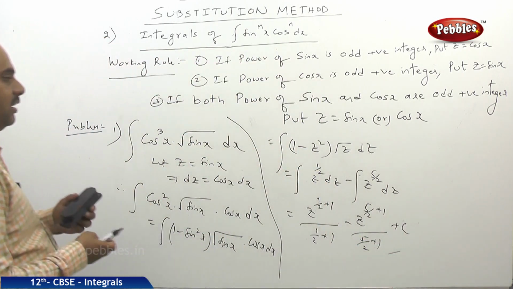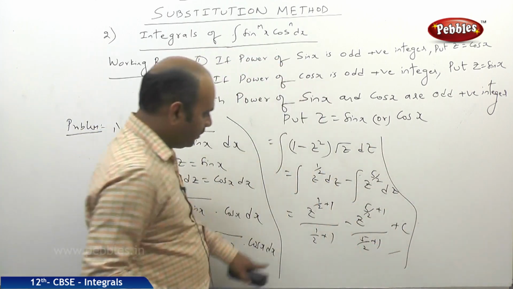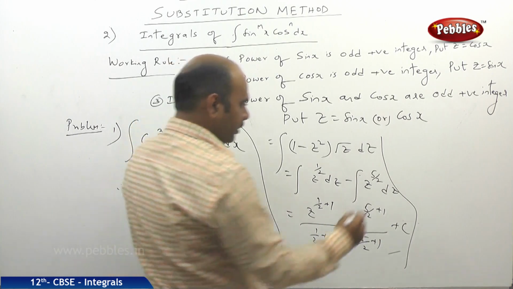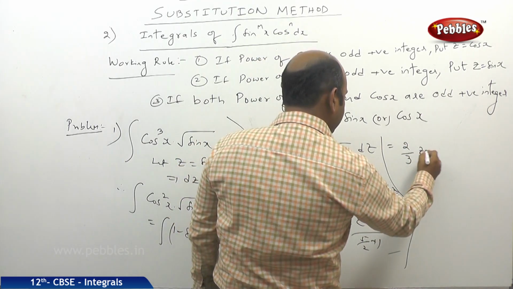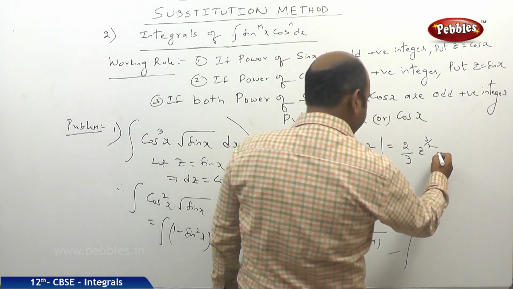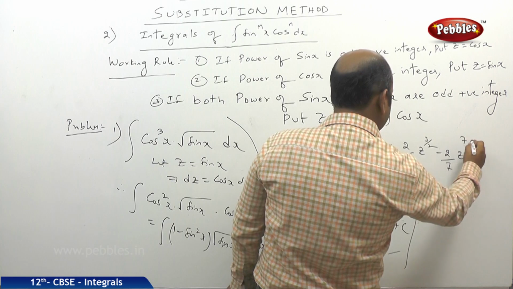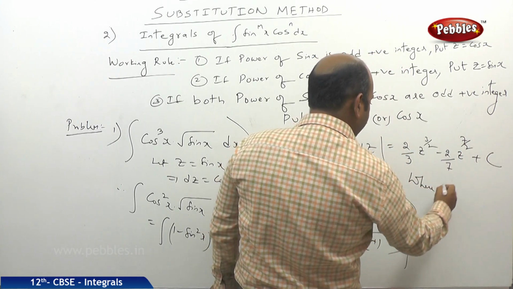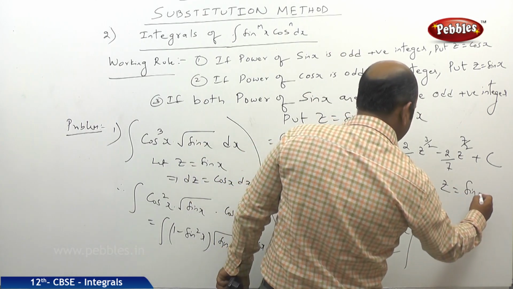Finally, z power 1 by 2 plus 1 is z power 3 by 2, and in the denominator also 3 by 2 is there. So it becomes 2 by 3 z power 3 by 2. 5 by 2 plus 1 is 7 by 2, going up, minus 2 by 7 z power 7 by 2 plus c. What is z here? We need to write, where z is nothing but what we have taken as sin x.